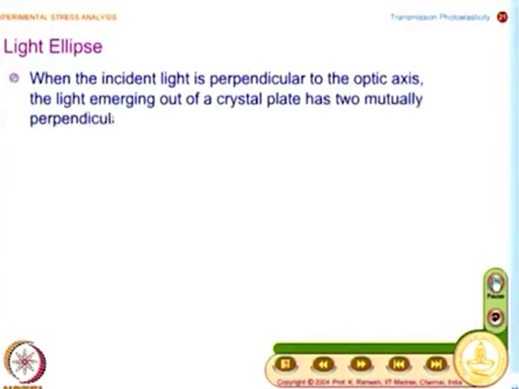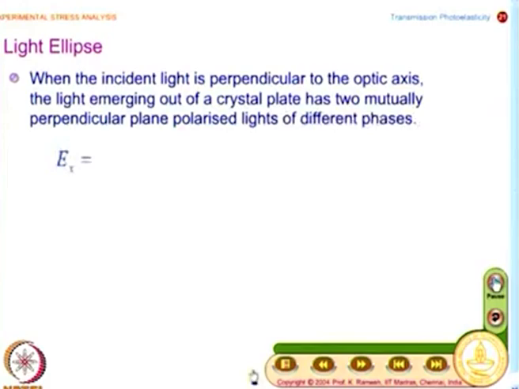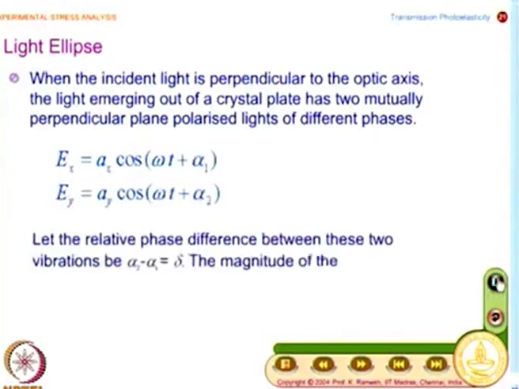And even before developing the concept, we have labeled this as light ellipse. So, whatever we are going to do, finally we end up with an equation for an ellipse. For one incident light I have two refracted beams and they travel with different velocities, and they could be easily represented by Ax cos(omega t plus alpha 1) and Ay cos(omega t plus alpha 2).